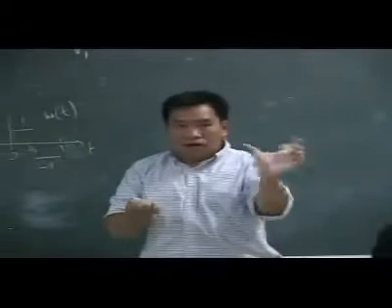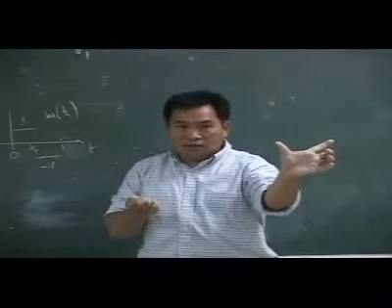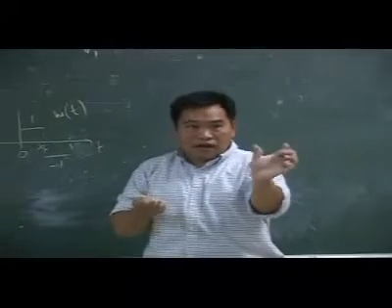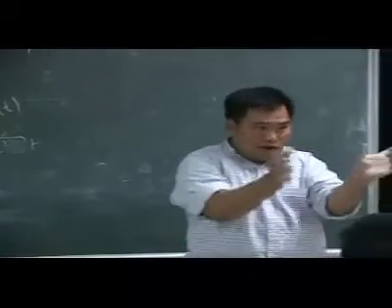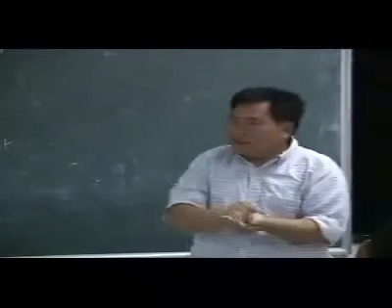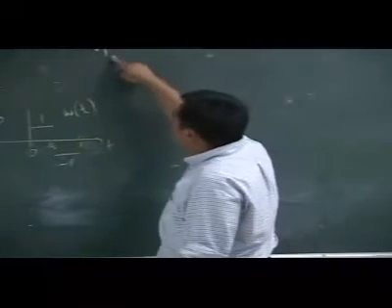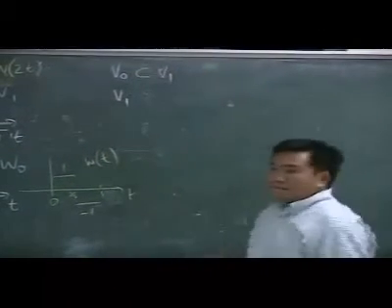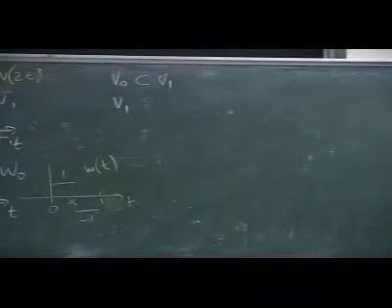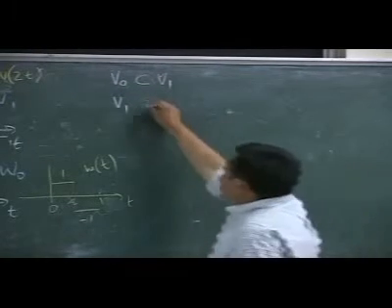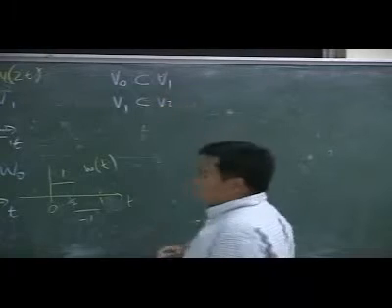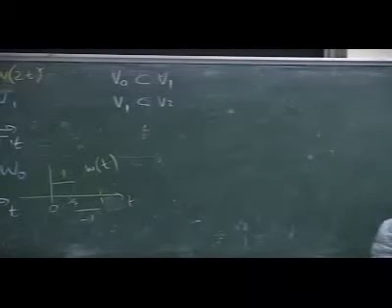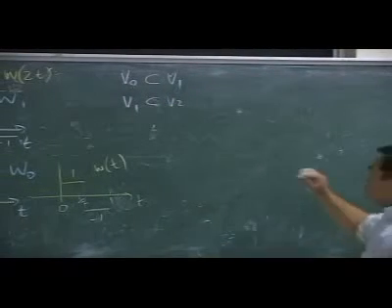V0 is the whole unit interval. So obviously with half intervals, you can build two halves to become one. So you can see that V0 can be in V1, and so on. V0 and V1.